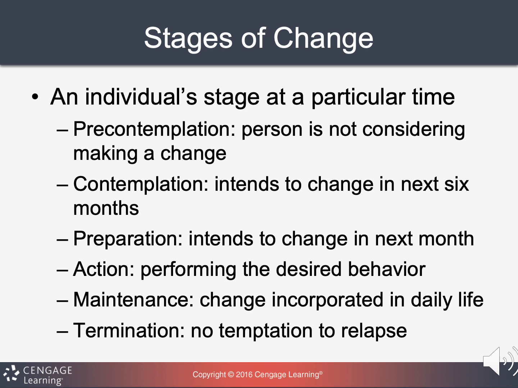So the person hasn't smoked for about 6 months. And then termination, and that just depends on what the situation is, or the health behavior you're trying to implement. But not everyone goes through a termination stage, some do. This is where the person doesn't really have temptations to relapse, so maybe no temptation to go back to smoking.